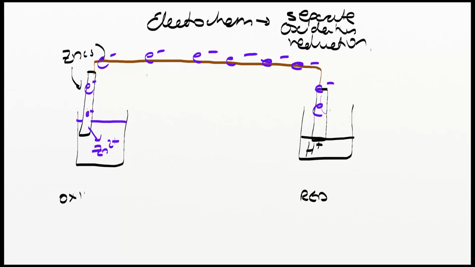And they'll go all the way to the other side in this other jar, where the electrons will then be transferred to the hydrogen ions that are inside the solution. Okay, so what happens is we have a division between the oxidation and the reduction, and this is the basis of electrochemistry.